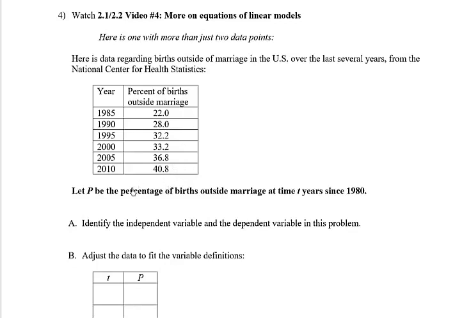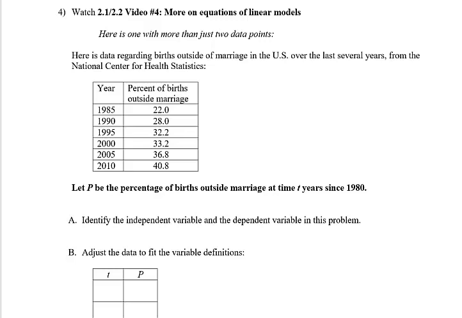As usual, we need to define a couple of variables. In this case, P is going to represent the percentage of births that take place outside marriage, and T will stand for the number of years since 1980.